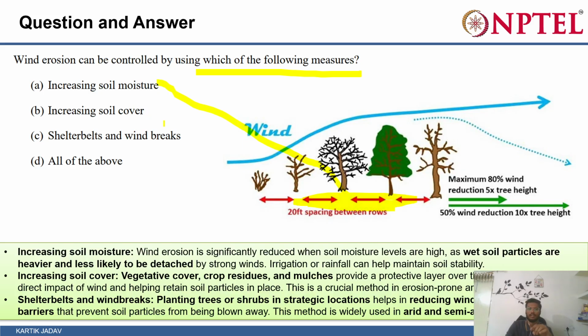Increasing soil cover, yeah, obviously if we are covering soil with some grasses, some forest trees, that helps us again in binding the soil and ultimately reduces the impact of wind erosion. And shelter belts and windbreaks are specifically types of wind erosion control structures. So all of the above are the correct answer for this.